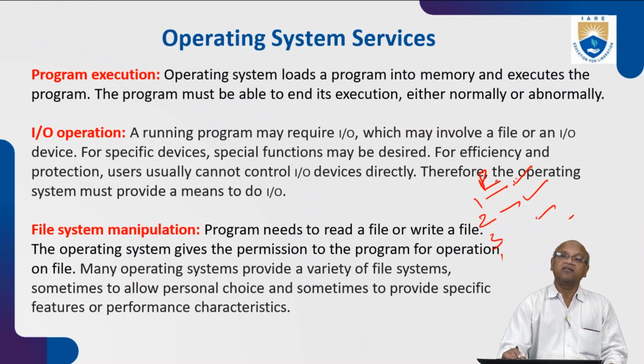We're writing a program in the RAM. After compilation of this program, we click the button to run. So who is running behind the scenes? Your OS is the one executing this program.